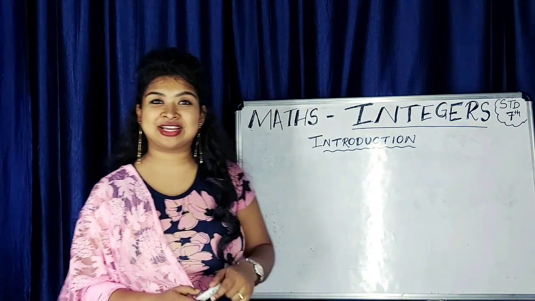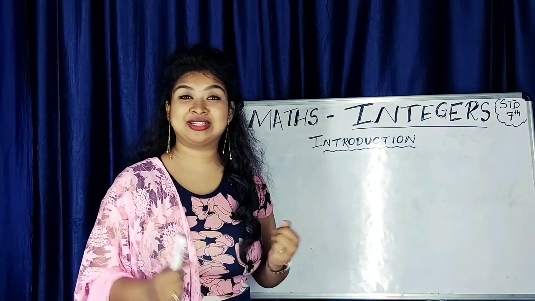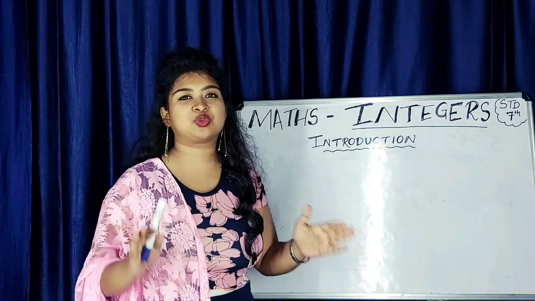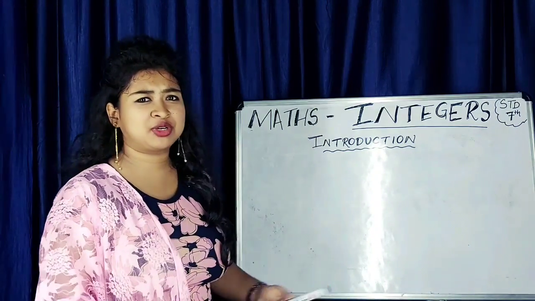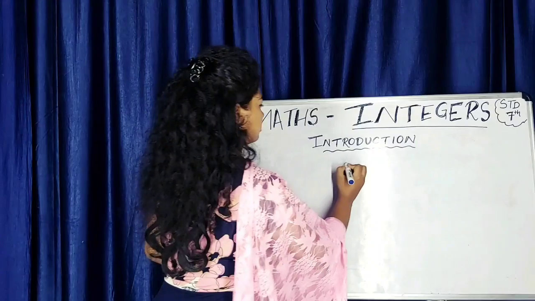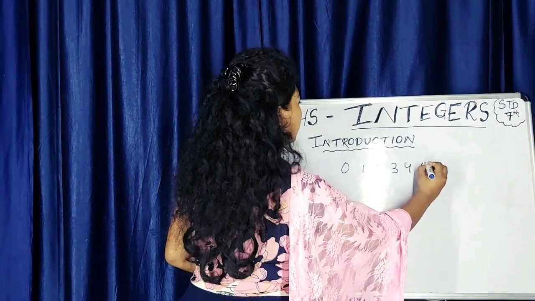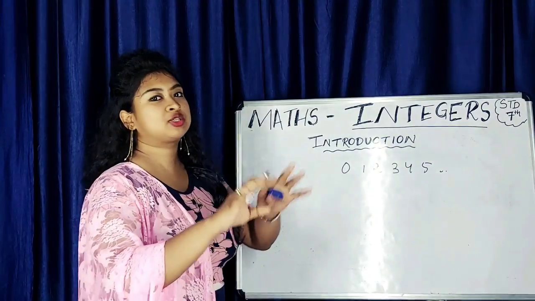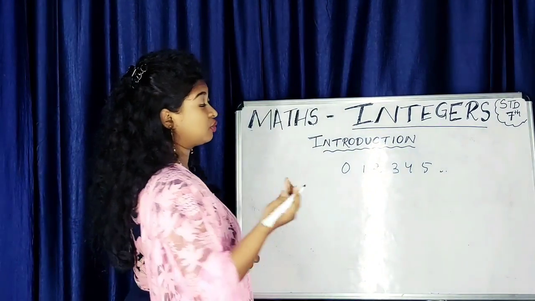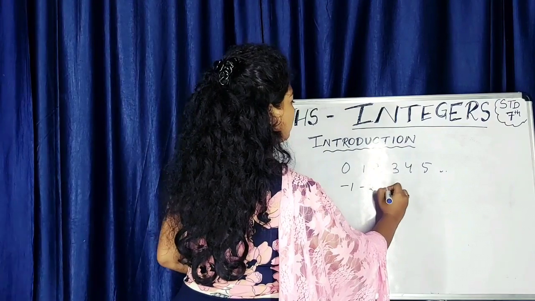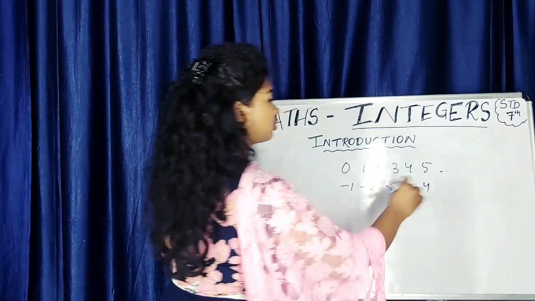So we are going to study about integers. Integers क्या है? What is integers? So all the numbers which you find, any numbers which you find, either it's 0, 1, 2, 3 and 4 and 5 and so on, these all are numbers. Then you also have -1, -2, -3, -4 and so on.